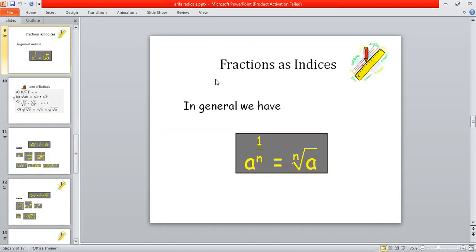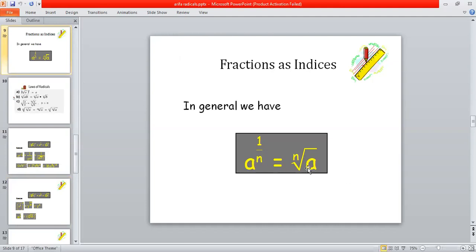Fraction as indices. In general, we have a to the power 1 by n equal to the nth root of a. There is a base a and the power is a fraction, 1 over n. So it can be written as the nth root of a, and this is called the radical form of the exponential form.